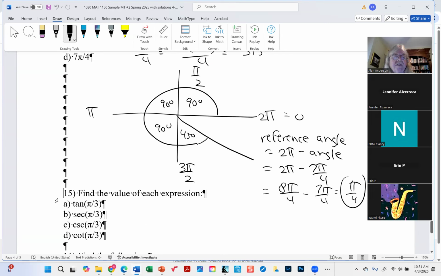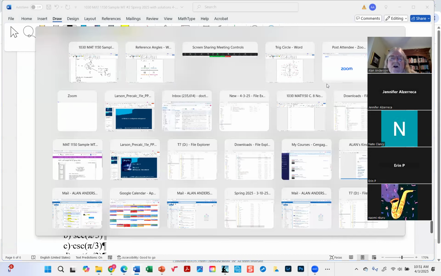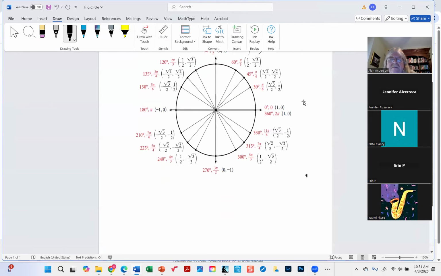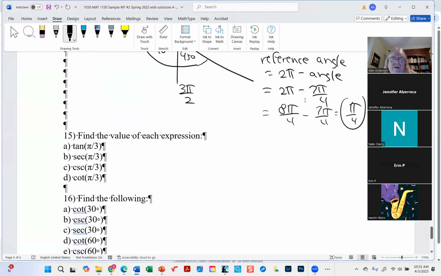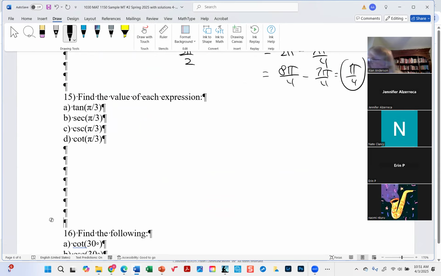All right. Now, for the rest of these, we're pretty much using some combination of the calculators and the unit circle chart, combined with our knowledge of the relationships between the different trig functions. And we'll need them all. Okay, so just a quick reminder. Tangent is the sine over the cosine.